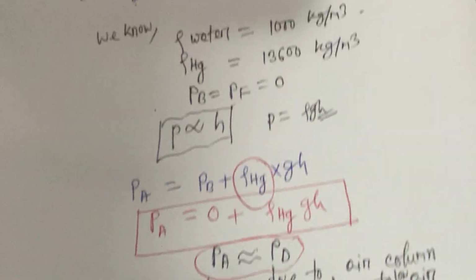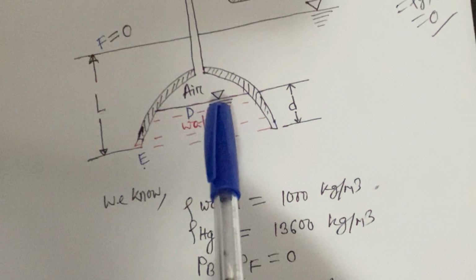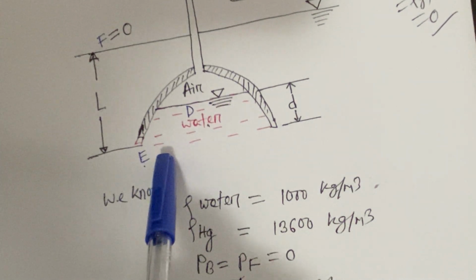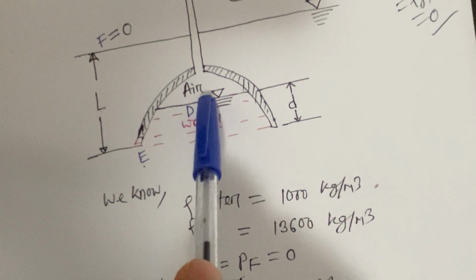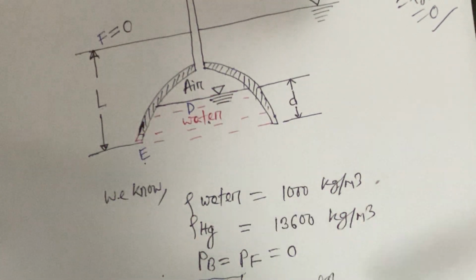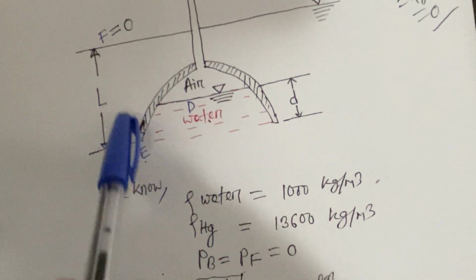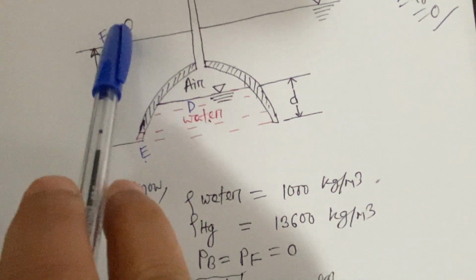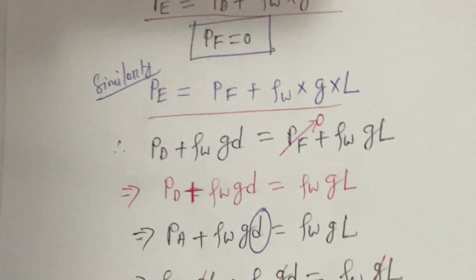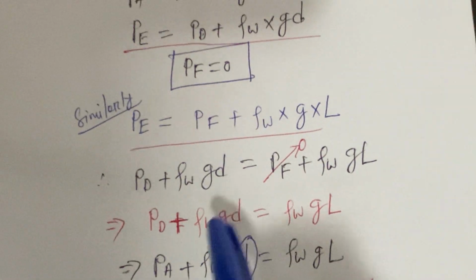We write it down here, and then we calculated the pressure at this position E. So pressure at E will be pressure at D plus rho g D. Similarly, pressure at E for this side is pressure at F plus rho g L. So that you can see here, we just write it down here.